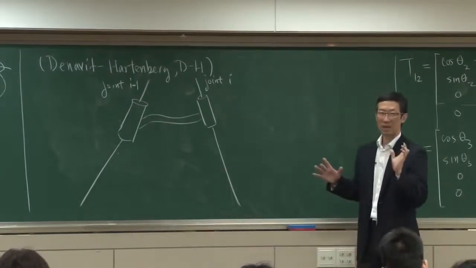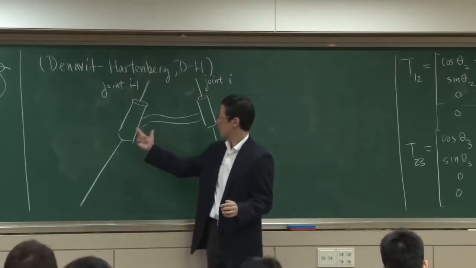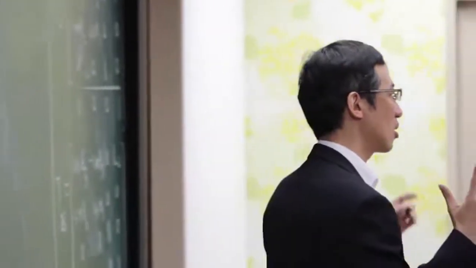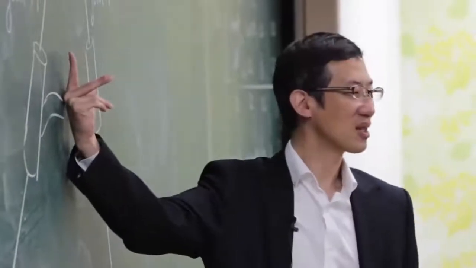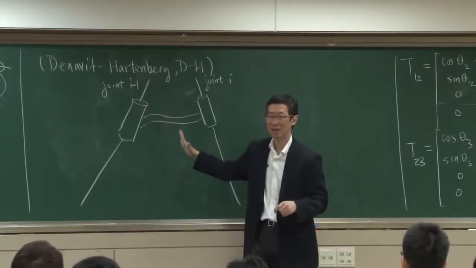Now I want to assign a frame to this link. When you think assign a frame to a link, usually you think find some point on the link, boom, attach it. Well, that's not quite how it works here.